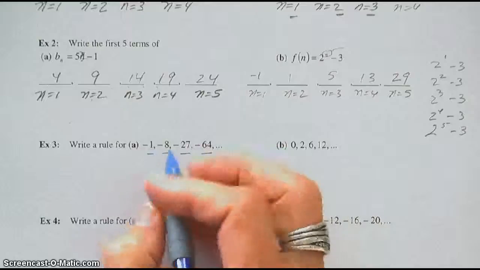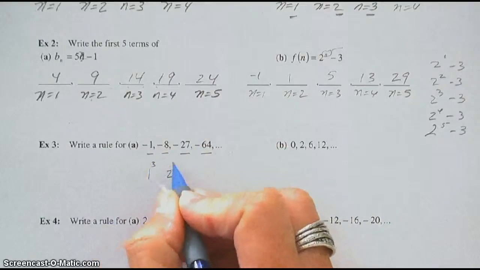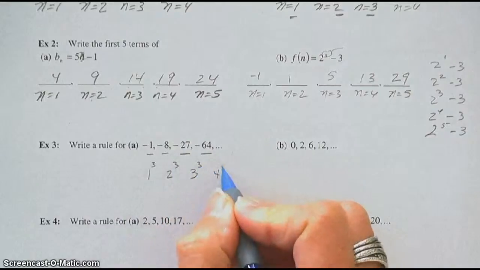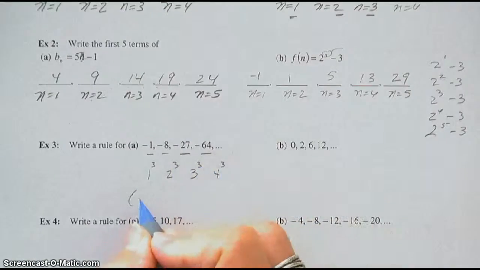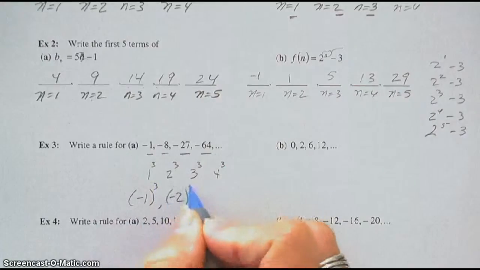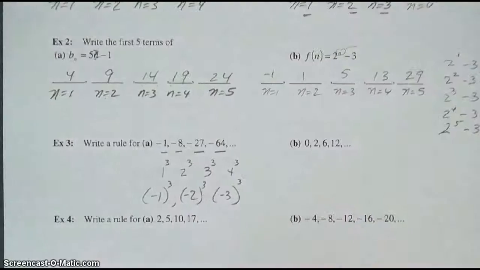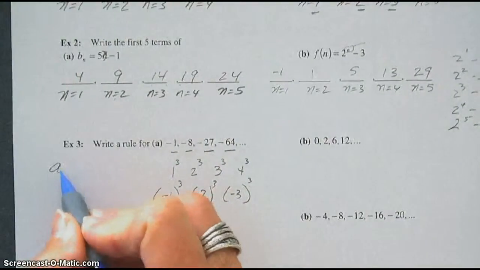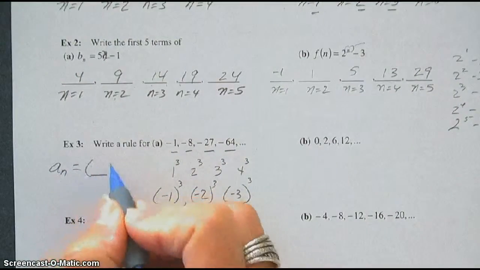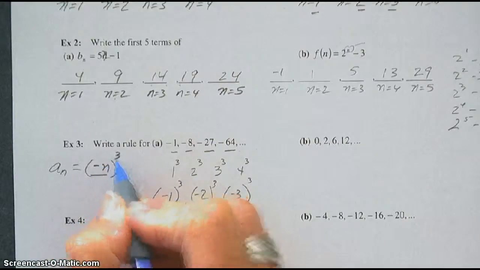If you recognize these as perfect cubes, but they're negative, so this would be a negative 1 cubed. The next term would be a negative 2 cubed, negative 3 cubed. So the rule, we would write an a with a little n next to it. And what are we doing? We're taking that n value and cubing it.